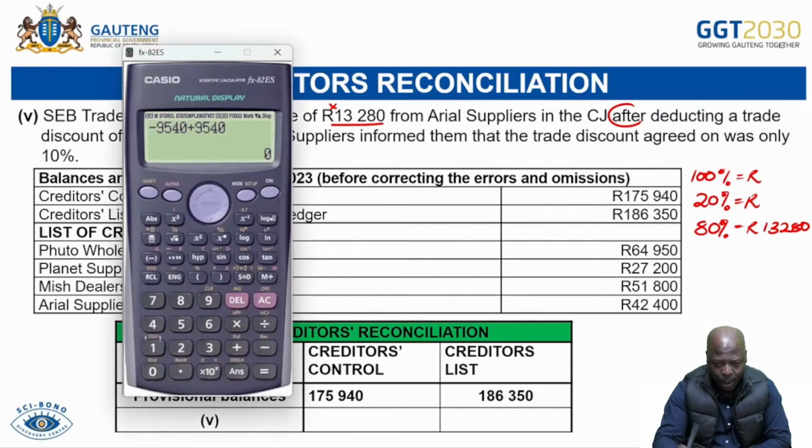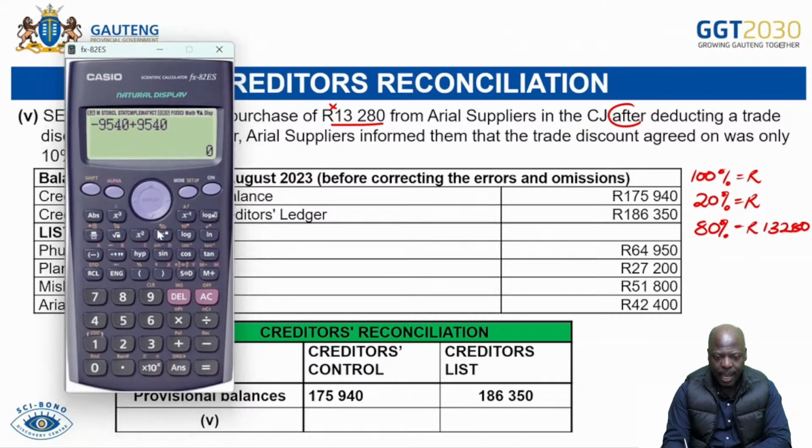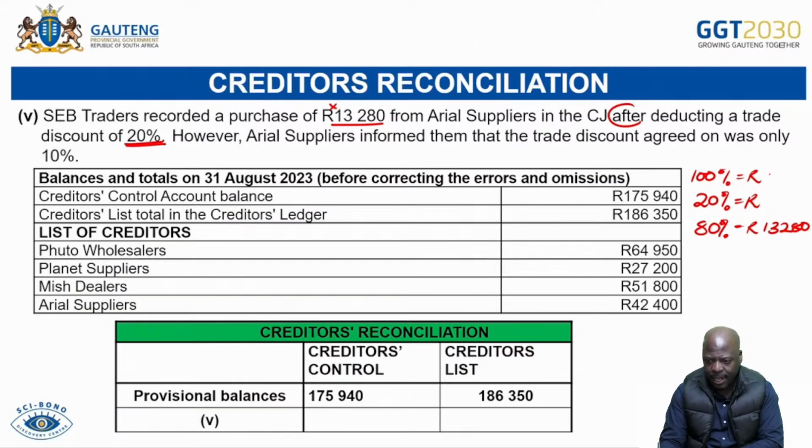Now, what was the amount before this trade discount was even offered? We come here on our calculator and say we want 100. We have an 80. We multiply by 13,280, and that will give us 16,600.